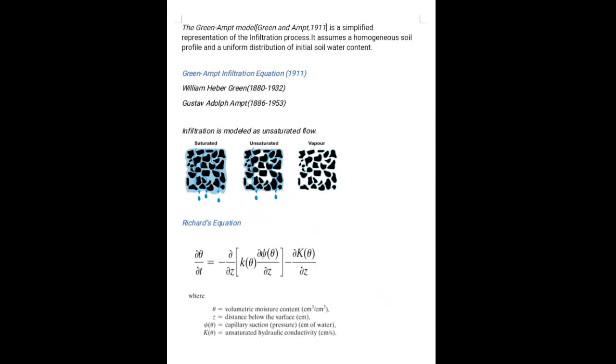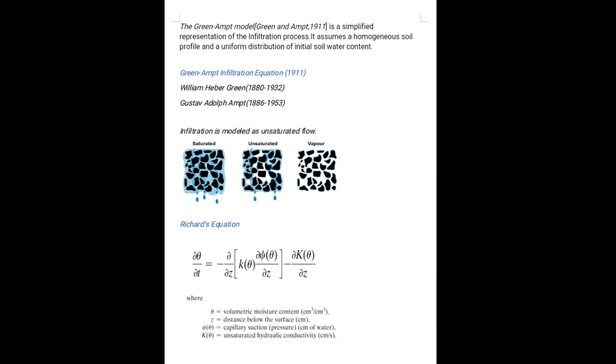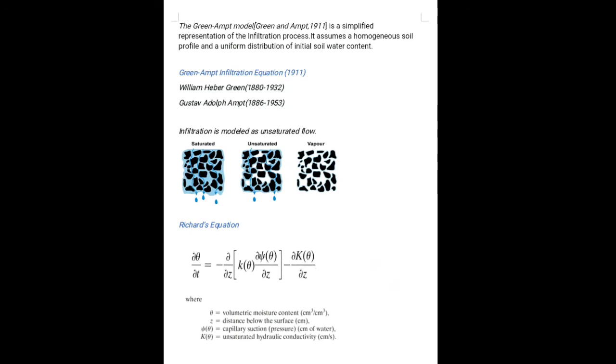And ang unsaturated naman is yung ibang mga pores or void ay merong hangin at merong tubig. Ang ginamit nilang equation dito upang i-represent ang unsaturated flow is Richards equation and Darcy's law.